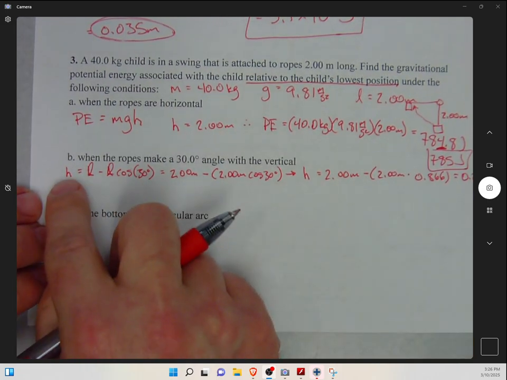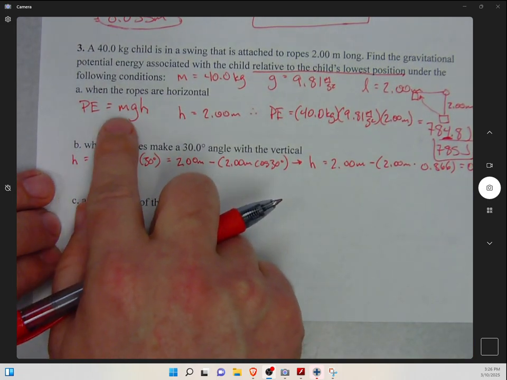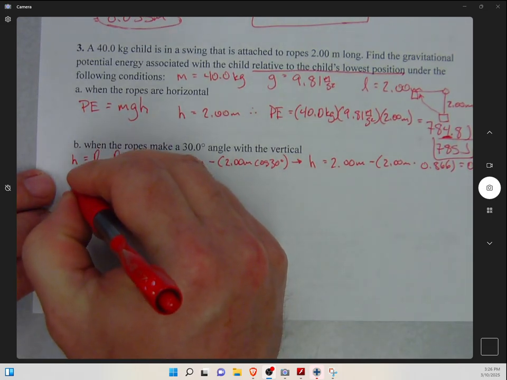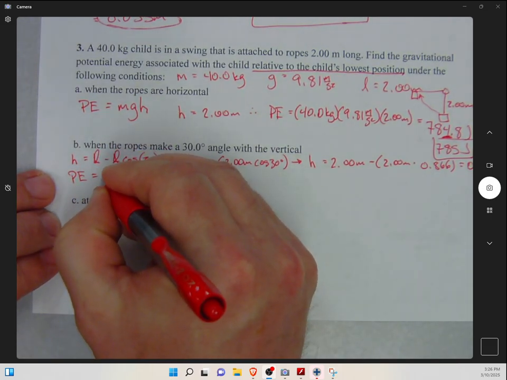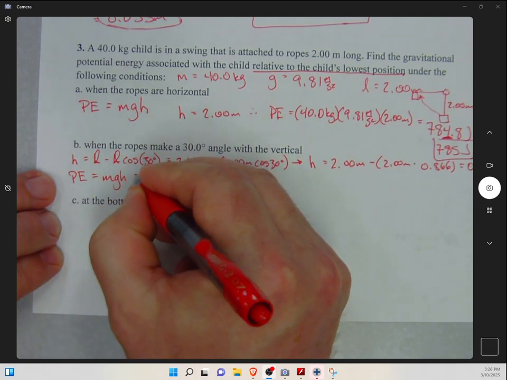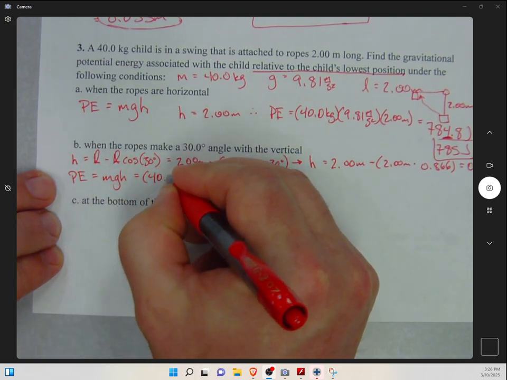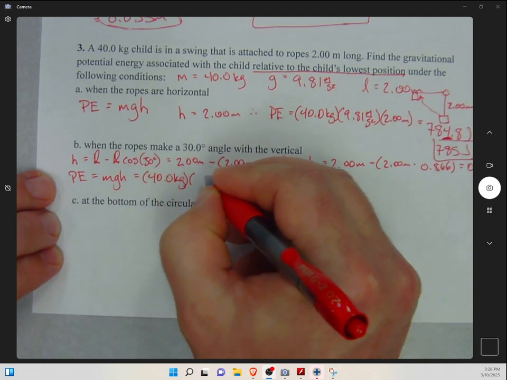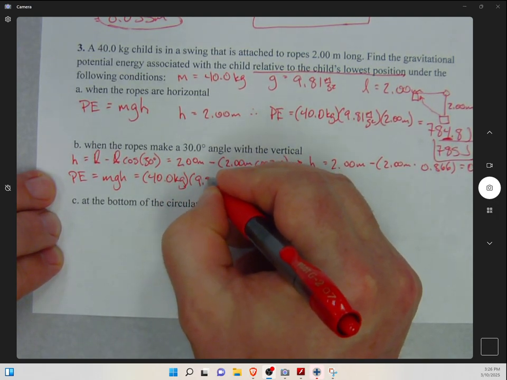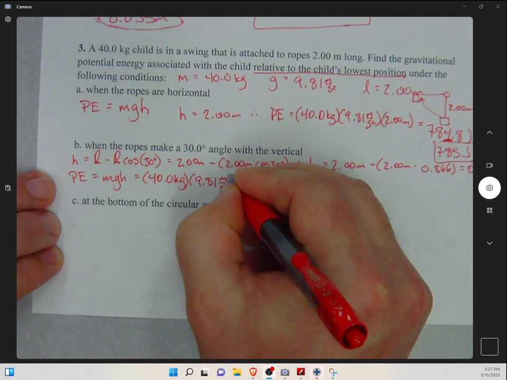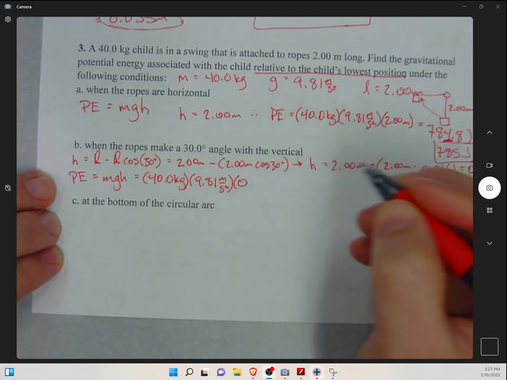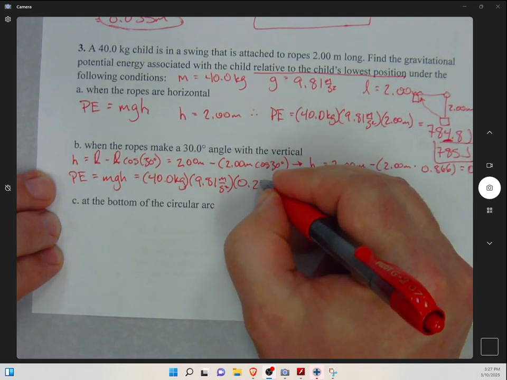Now that we have that value for h, we can go back to our original equation for potential energy, and we're ready to plug and chug. This is still 40 kilograms. We're still rocking with the same gravity. And then I just determined my value for h.